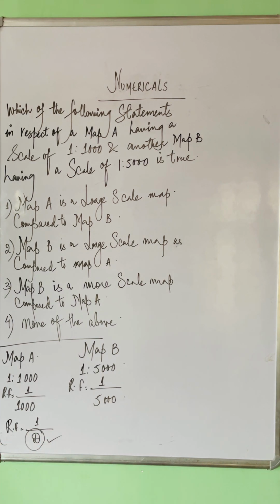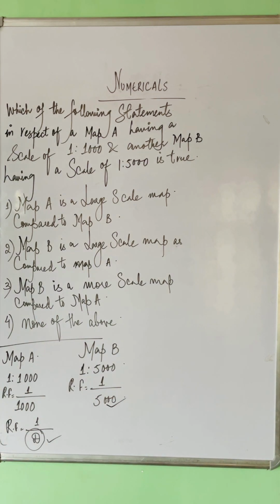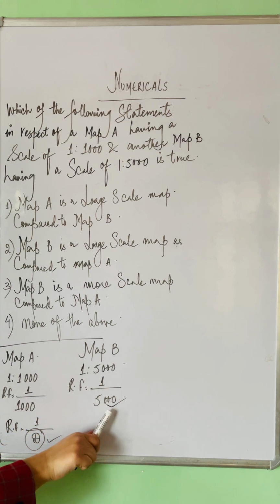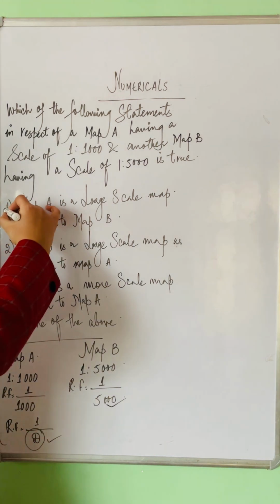So in this case, whose denominator is large? Map B. So its scale is small compared to the scale of map A. So map A is a large scale map compared to map B.